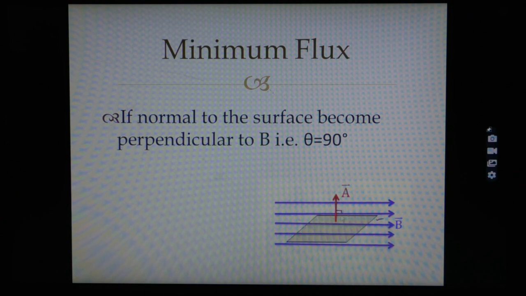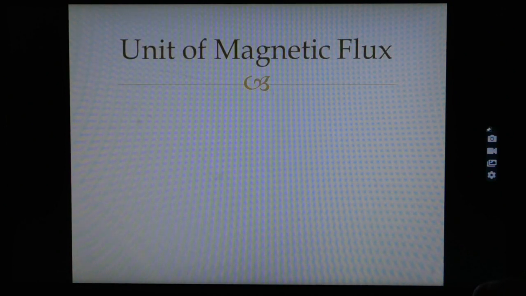It is 90 degrees. And what is cos of 90? When we put it in the formula, phi is equal to BA cos of 90. As we all know, cos of 90 is 0. So 0 multiplied by BA gives you 0. So flux would be equal to 0. That is the case when flux is minimum.